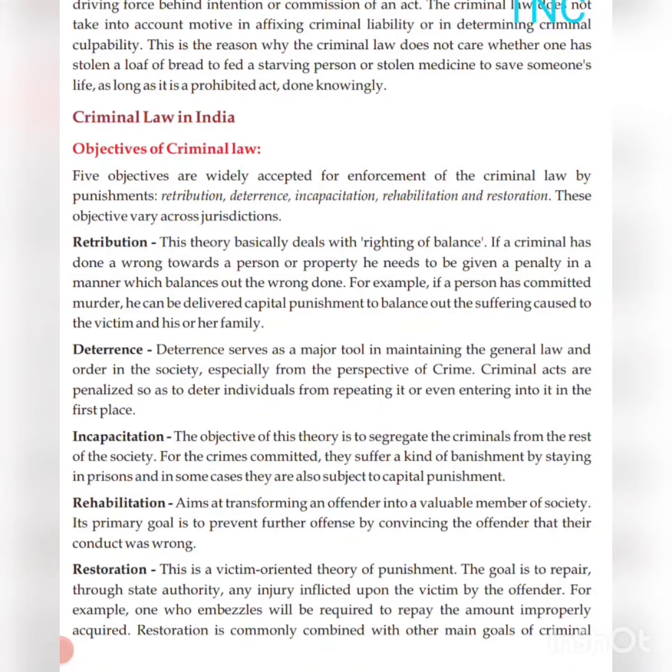So that is to balance out the suffering which is caused to the victim and his family, right? Because they have lost a person, so to balance that we will give such a punishment that things become equal. One person went there, so one person will go here also.